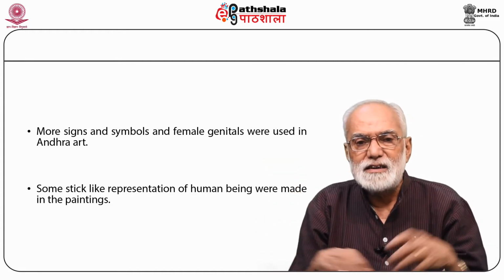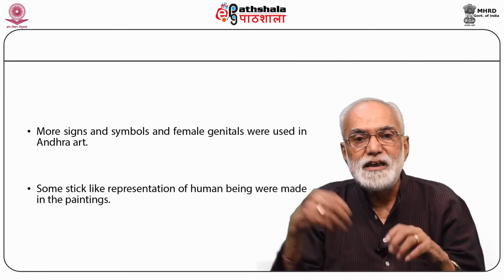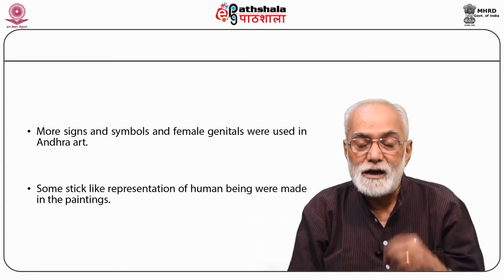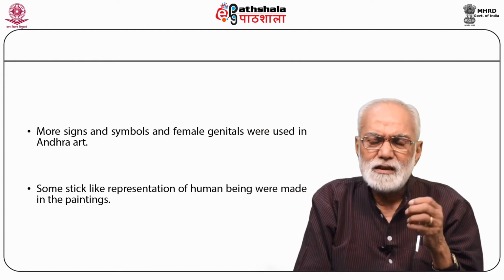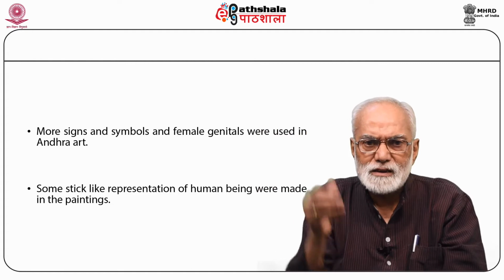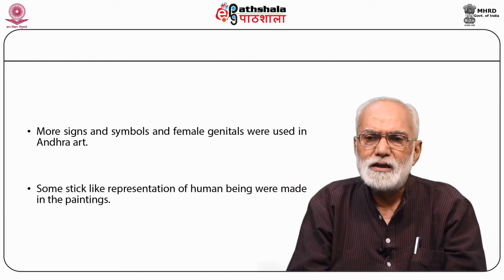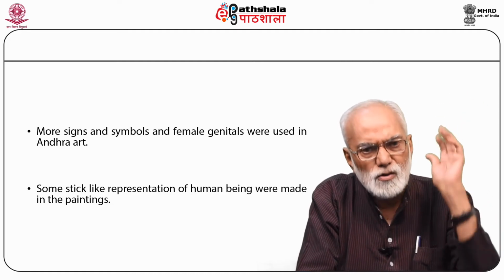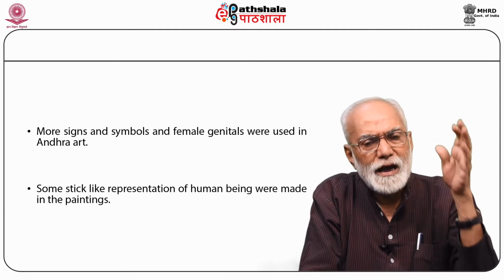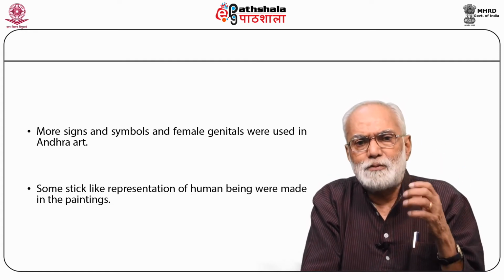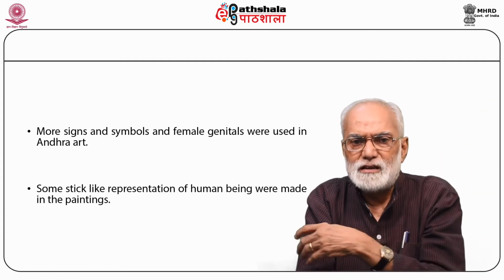All kinds of signs and symbols, and also female genitals have been made in the paintings of all this art. There are some in which stick-like representation of human beings is done, and stick-like representation of human beings has been found also in the western part and also in Bhimbetka. So you have a possibility of a uniformity in the region.